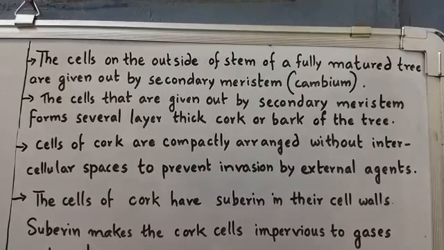The cells on the outside of the stem of a fully matured tree are given out by the secondary meristem. You can see this hard structure in the branches and stem of a fully matured tree, and it is made up of cells given out by the activity of secondary meristem.